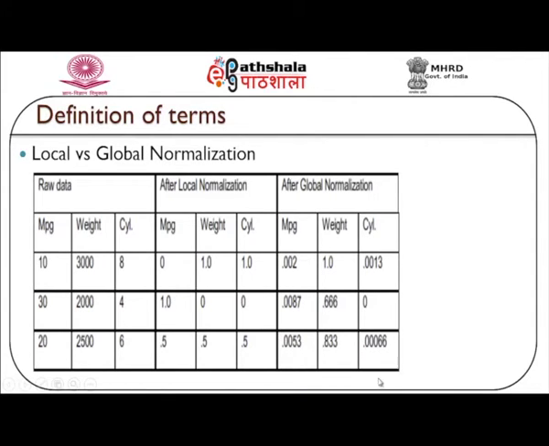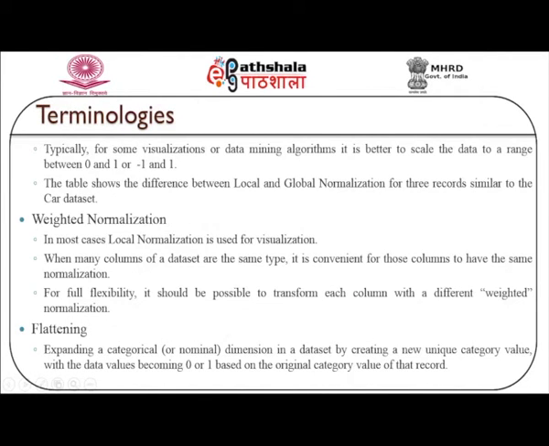So here is an example of tabular data where you have the raw data with MPG, weight and cylinder, and later after local normalization, where the values are represented between a certain range, and after global normalization, where all the values are represented within a certain range. And typically for some visualizations or data mining algorithms, it is better to scale the data to a range between 0 and 1 or minus 1 and 1.